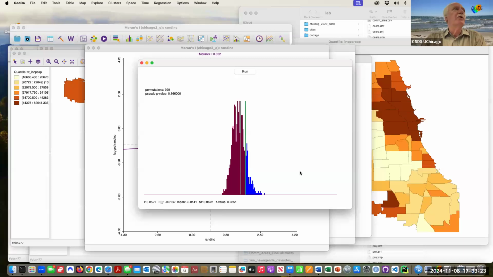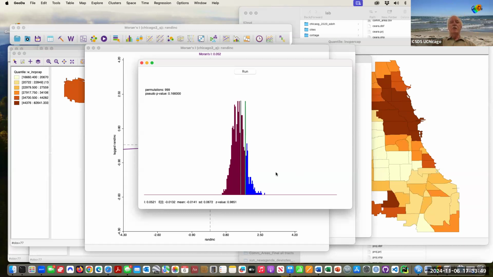Most reasonable people would say that is not extreme enough for me to reject what is called the null hypothesis of spatial randomness. So this is really not that different from spatial randomness. It better not be, because we created it as spatially random.